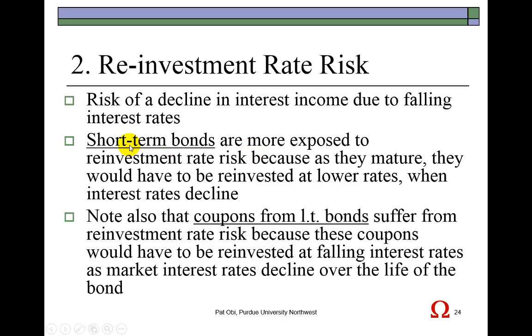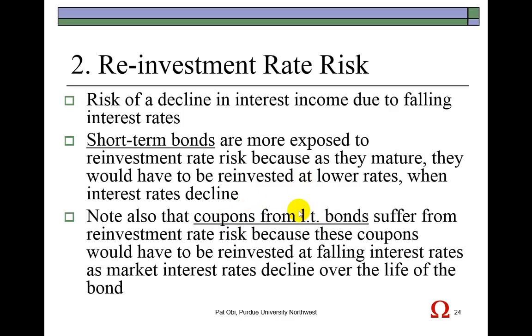And so as interest rates decline, short-term bonds, which would have to be reinvested in short order, would be more adversely exposed to this risk. When interest rates go down, the new coupons that you're going to be receiving as you reinvest into other short-term bonds will be less than they were initially.